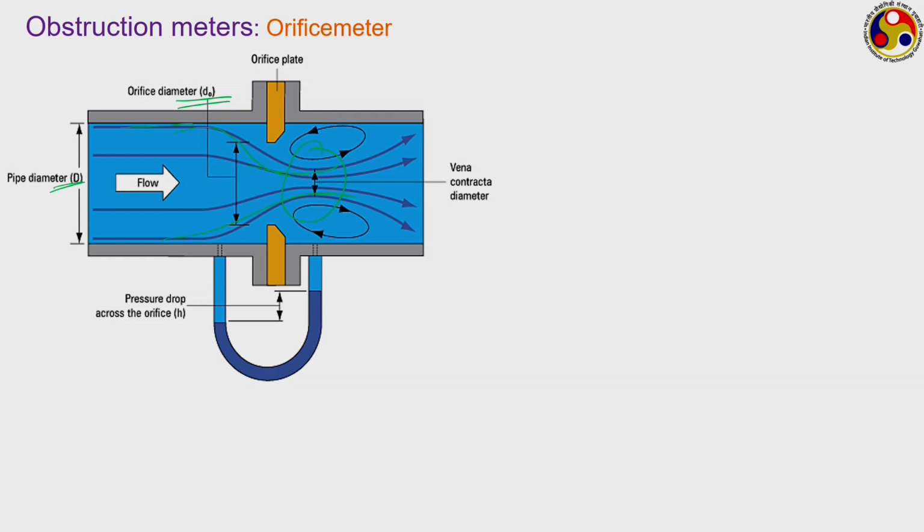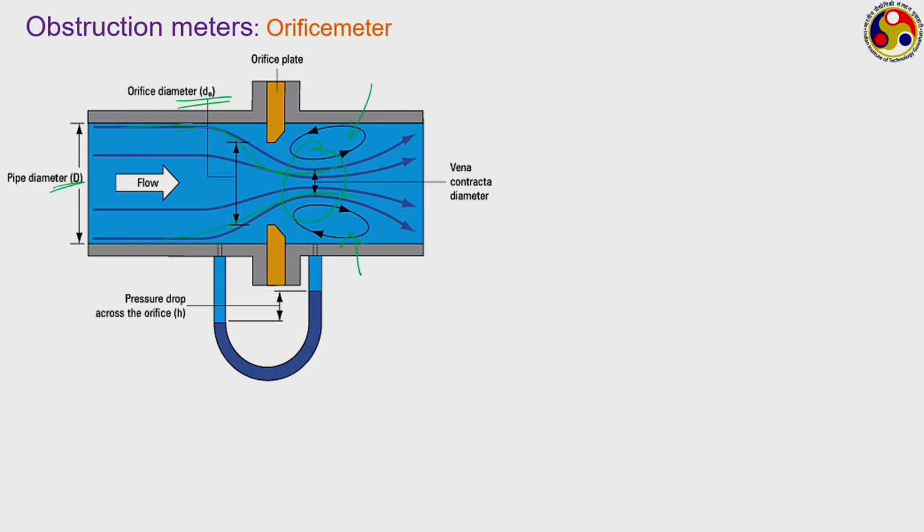The location of the vena contracta will depend upon the flow velocity or maybe the Reynolds number, and after the vena contracta the fluid again starts to expand, thereby recovering the pressure. So, there is a drastic reduction in fluid pressure when it is passing through because of the drastic change in the flow direction. However, as the fluid expands in the downstream direction, it recovers the pressure a bit, but may not be able to recover fully because there are large eddy formations in these zones leading to certain losses.